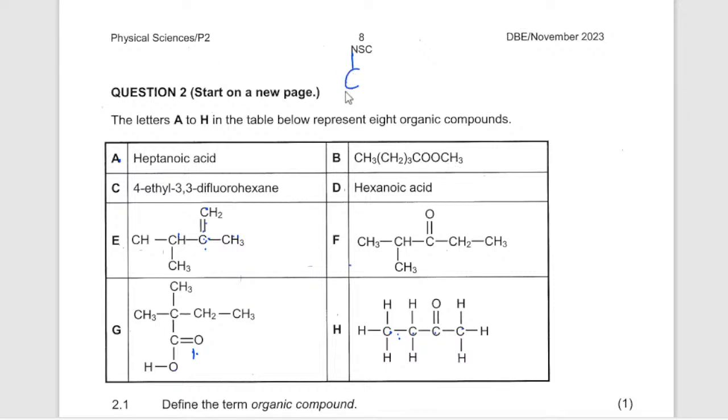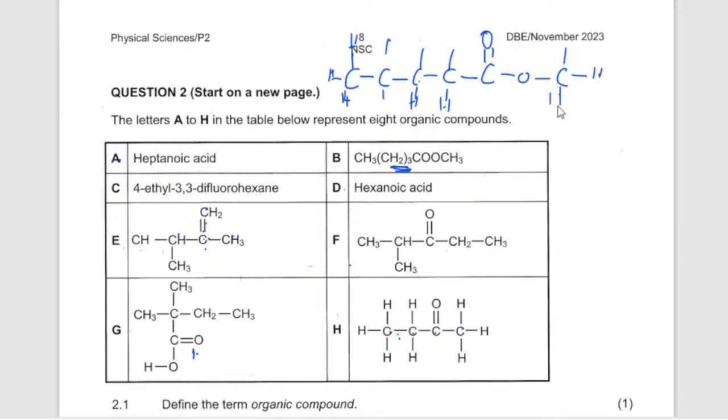So it's CH3, you put the hydrogens, then CH2, CH2, CH2, then C, O, then O and hydrogen.